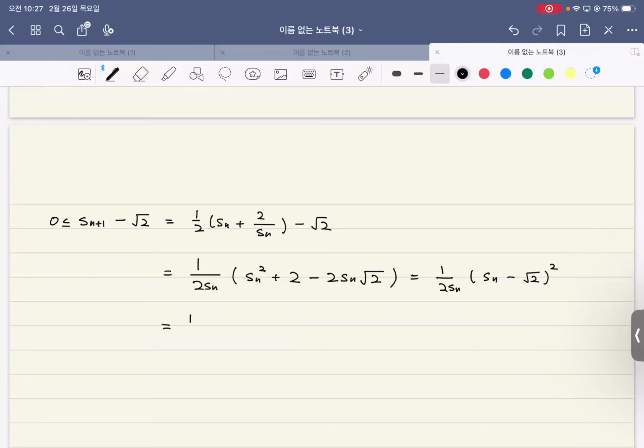I'm going to rearrange the order of these factors. S_n minus square root of 2, but this S_n is now being absorbed into the second factor. And this is 1 minus square root of 2 over S_n, right?